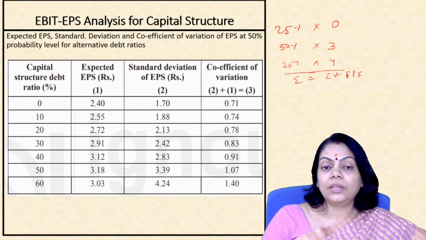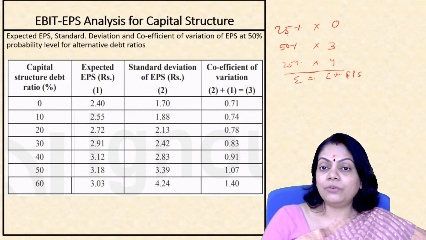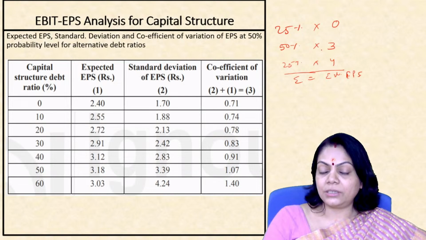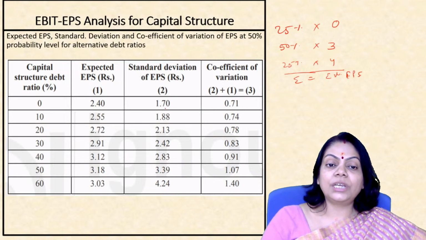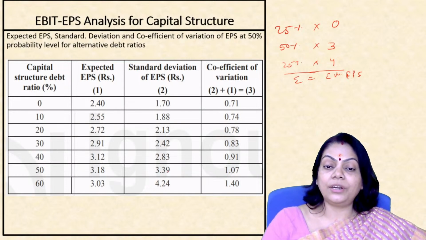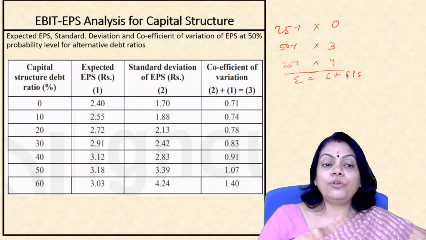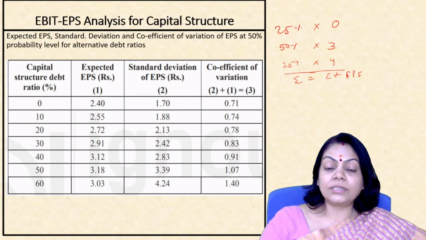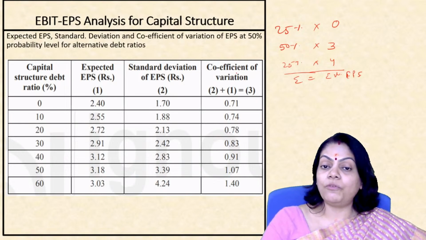Now because I have 3 values of EPS depending on the probabilities, I can also find the standard deviation. So in each case the standard deviation has been found out and written here. In order to be able to compare the risk, we have done a coefficient of variation calculation. This is wrong, this is not plus 2 divided by 1.